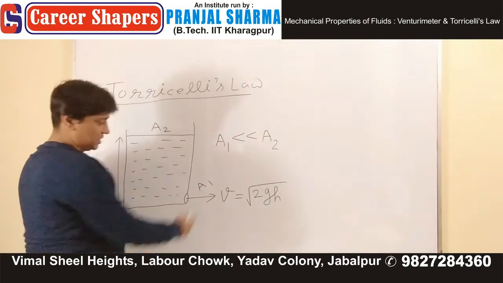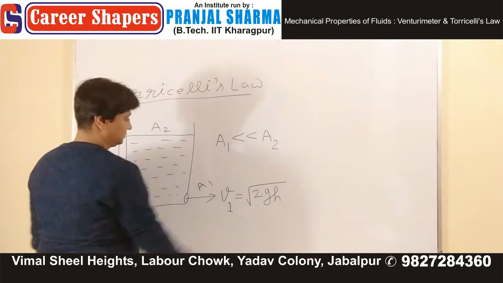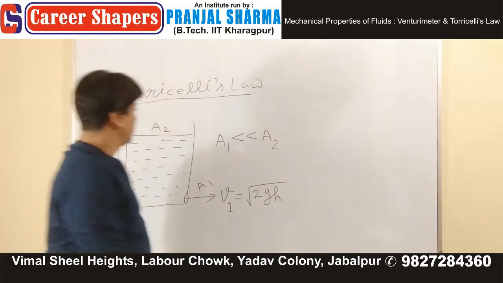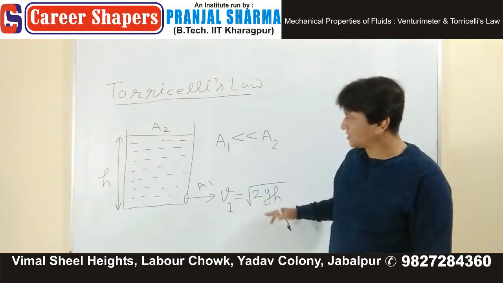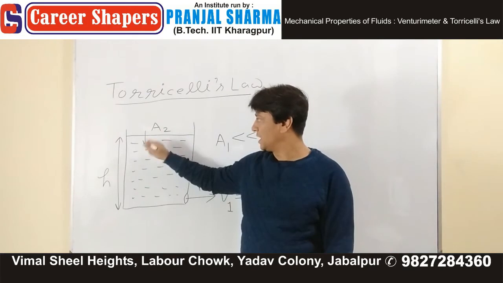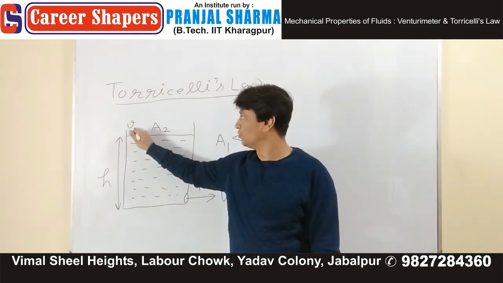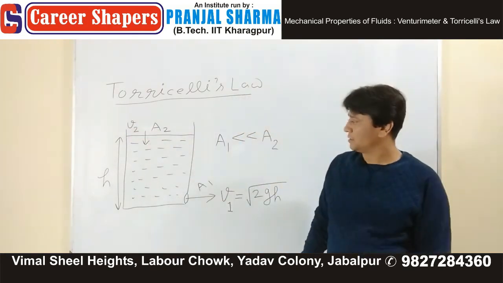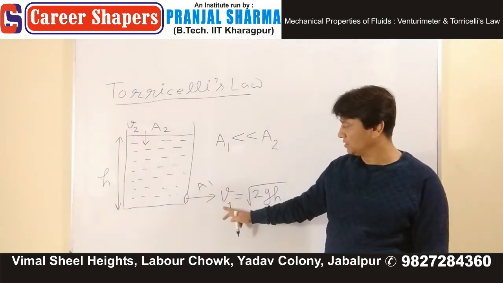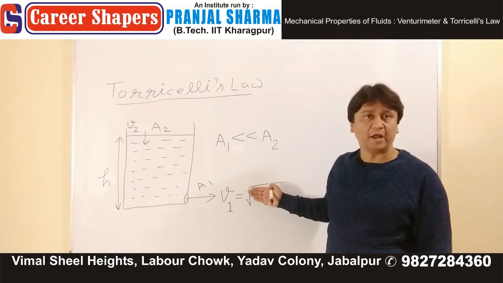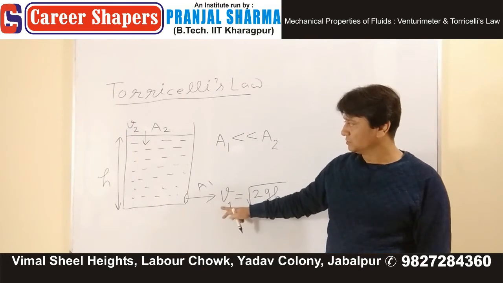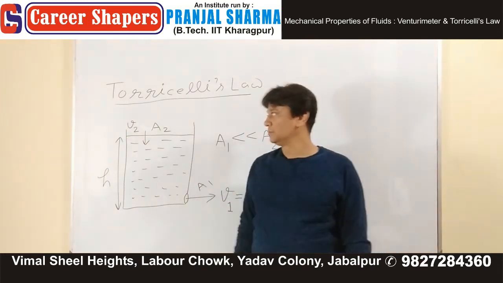Let's say this V is V1, because this is A1. And since water is coming out, the top surface is also coming down, and it is coming down with speed V2. Water is coming out with speed V1. We have no idea what V1 is now. This is V1, this is V2.